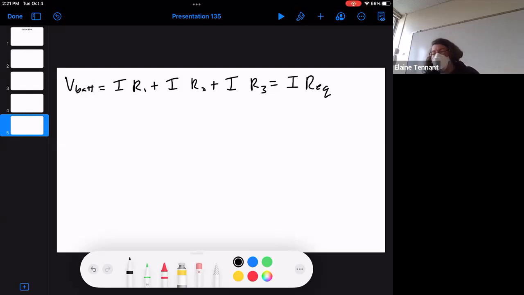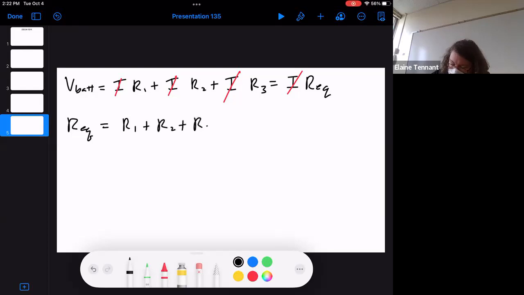Okay, given that, what can I do with all these I's in this equation? I can factor them out and cancel them, right? So I'll just divide both sides by I. And I will end up with a very nice equation where my equivalent resistance equals R1 plus R2 plus R3. If I had added a 4th resistor in series, would I have just added it on to the end here?